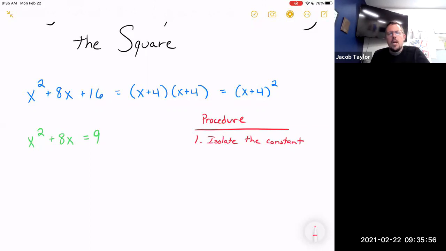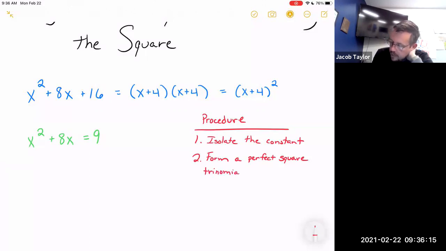So that part's done. Second step is to form a perfect square trinomial, keeping the equation balanced.